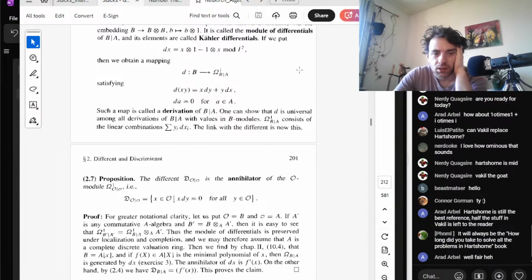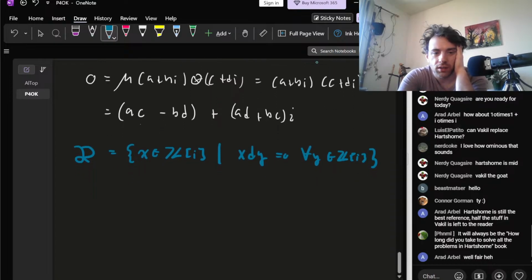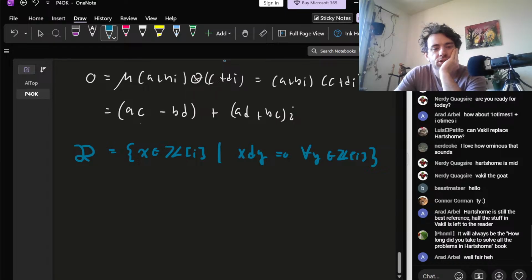Yeah. But I mean, so then, how can this possibly be right though? Because that would mean, if our relative differentials are just 0, that means this has to be 0 for all y, and so our different ideal would have to be the entire ring. And there just ain't no way, right?